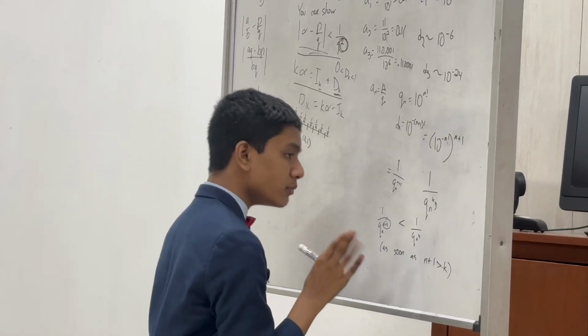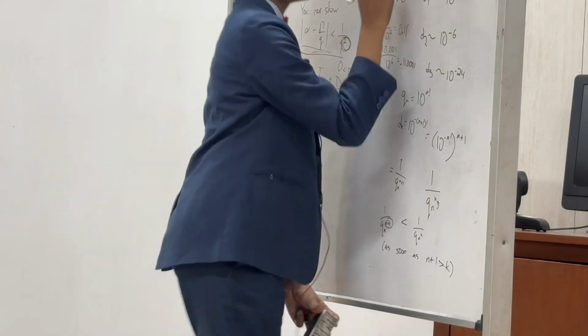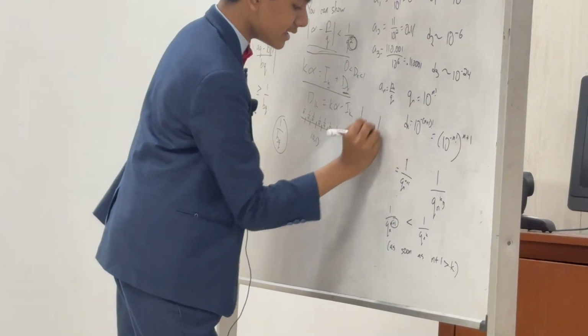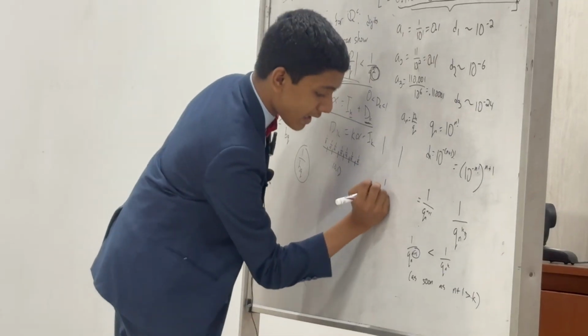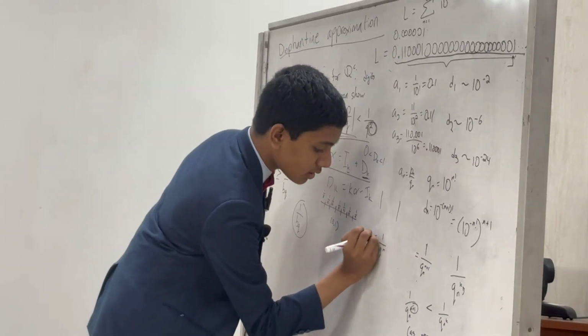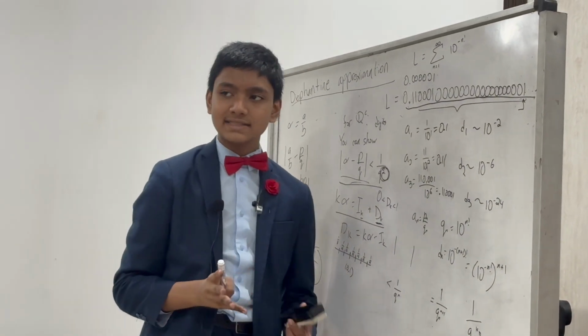Which means at some point, this approximation is so good that it will be better than every single approximation of finite irrationality measure. And so he found the first number with infinite irrationality measure.